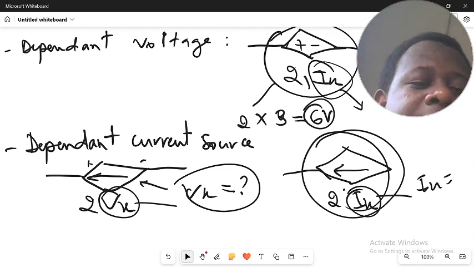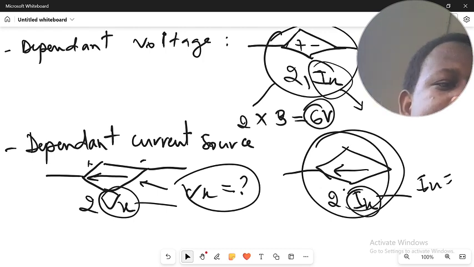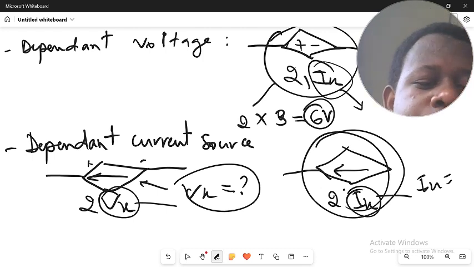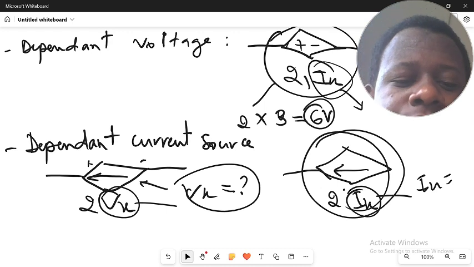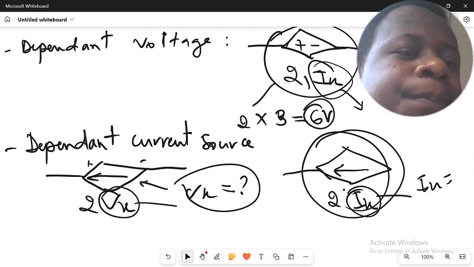The source can be dependent source or independent source. If it is a dependent source, it can be a voltage source or current source. We also saw the notation of the dependent source, and how to determine the voltage or the current of the source by knowing the dependent parameter.